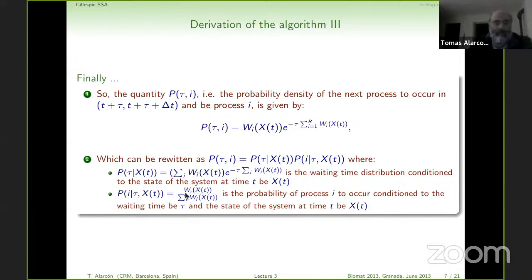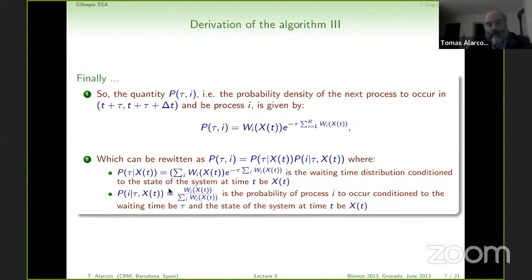Birth or death. And the probability that a birth happens is the rate of birth divided by the sum of the birth plus the death rate.